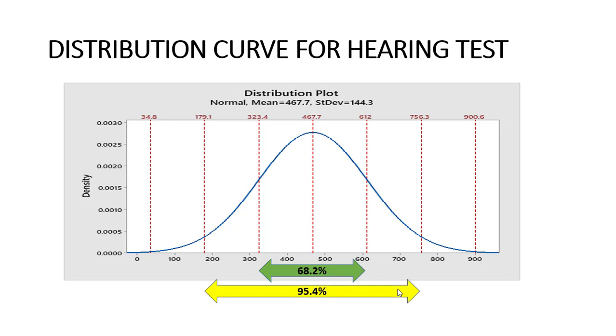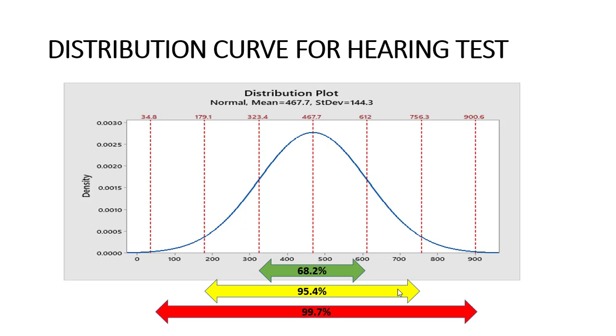Between 179.1 and 756.3, I'm going to have 95.4% of the data, and between 34.8 and 900.6, I'm going to have pretty much all the data, 99.7%. So this is how we're going to be using the standard deviation. We're going to see how much of the data falls within that domain.